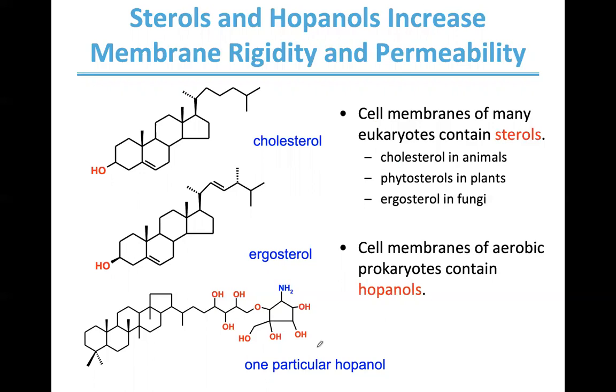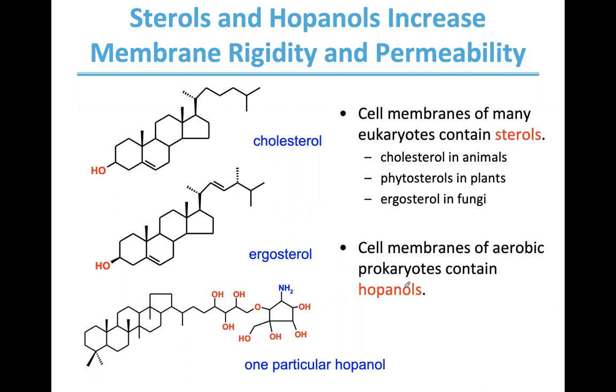Another way of doing that: eukaryotic organisms have cholesterol, so different types of sterols. Now, fungi also use a molecule that looks like cholesterol, but it's not quite. It's known as ergosterol, so there are some structural differences here.